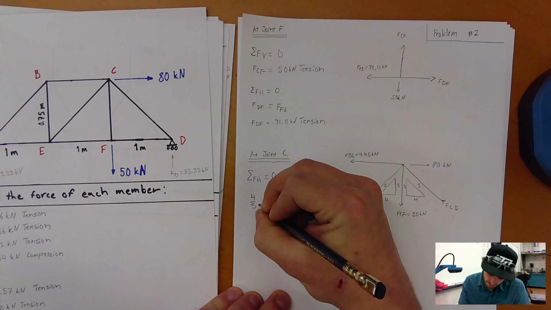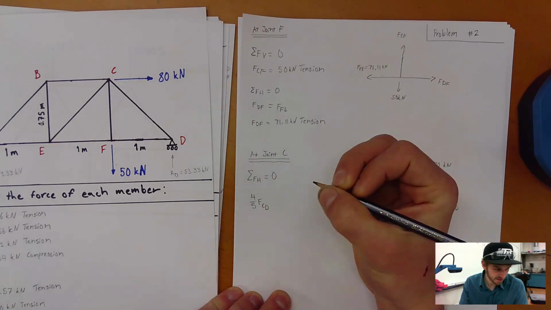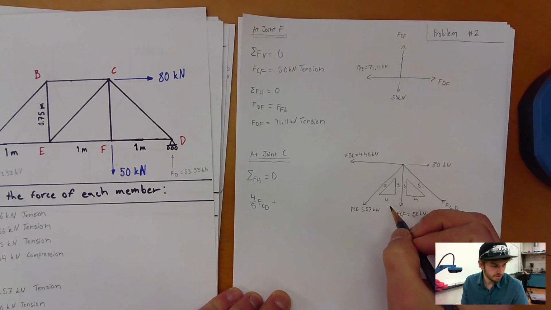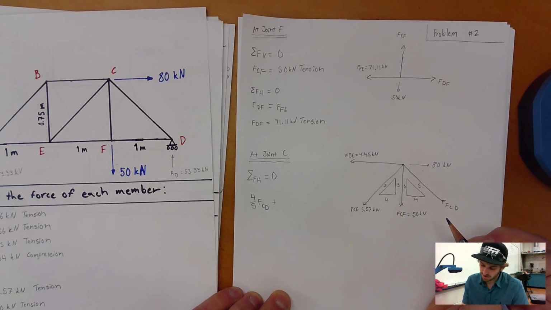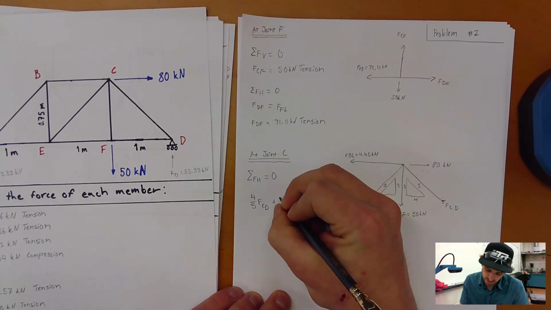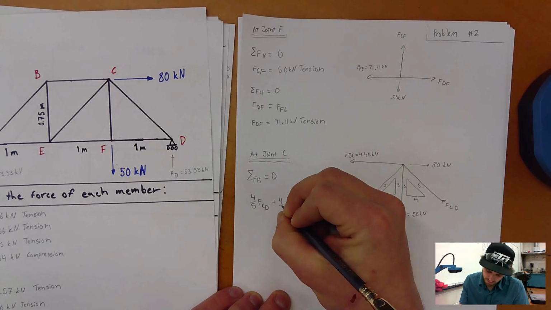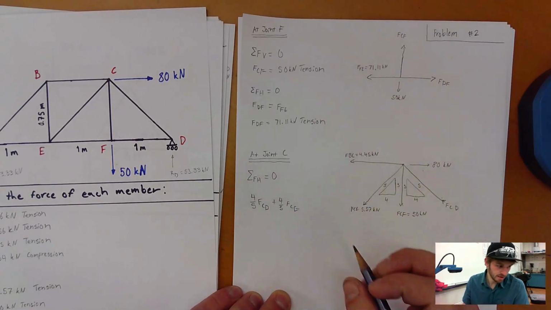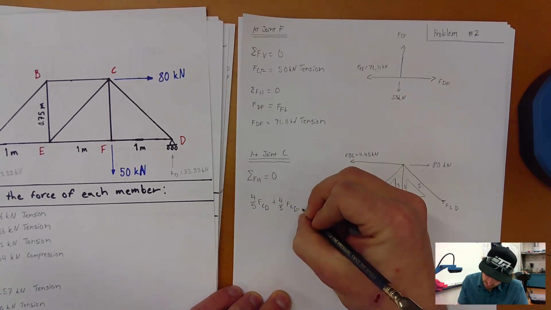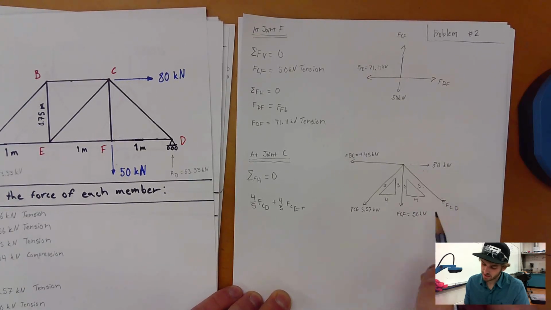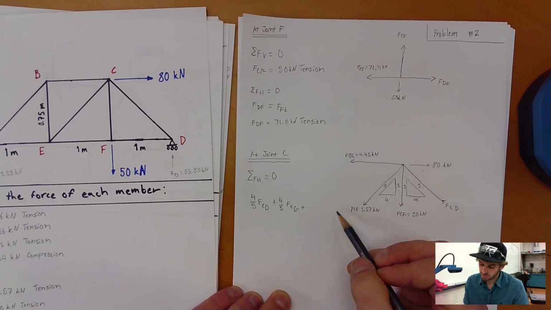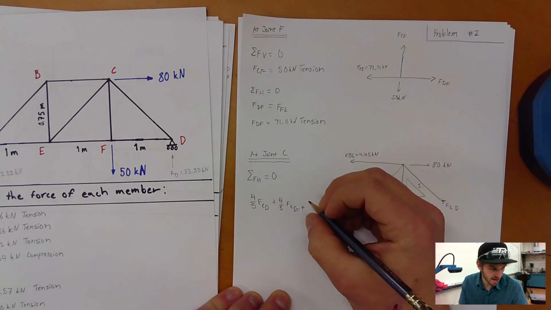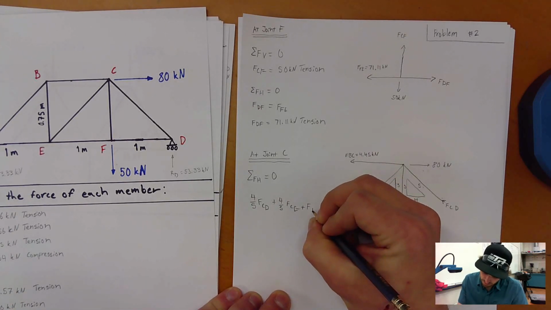So we'll have 4/5 the forces acting on CD plus this one over here, 4/5 acting on CE, plus the forces, so this one's pulling this way, this one's pulling that way, plus the forces acting on BC.